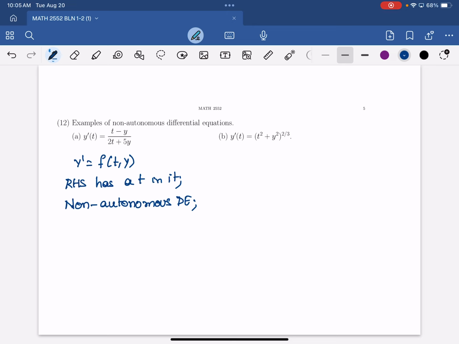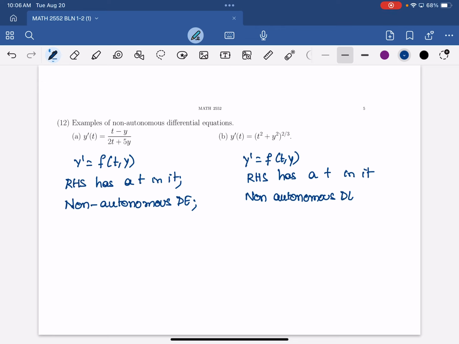Now the next one is y prime equals t squared plus y squared to the 2/3. So this is in the form of y prime equals f of t, y. Okay. Right hand side has a t in it. So is this autonomous or non-autonomous? Non-autonomous differential equation.